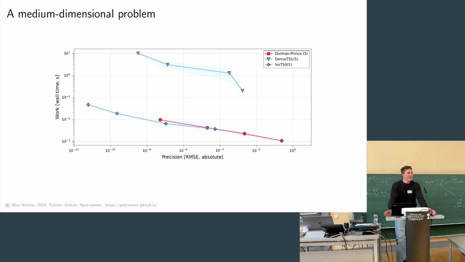And that might seem a little bit petty, but in my view, that is a massive success of probabilistic ODE solvers, that we actually managed to get from something that was 10,000 times slower than a non-probabilistic method to something where we're actually competing in this work-precision diagram language with non-probabilistic methods.